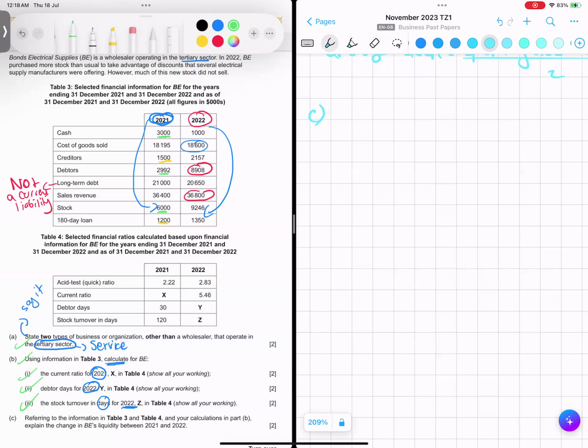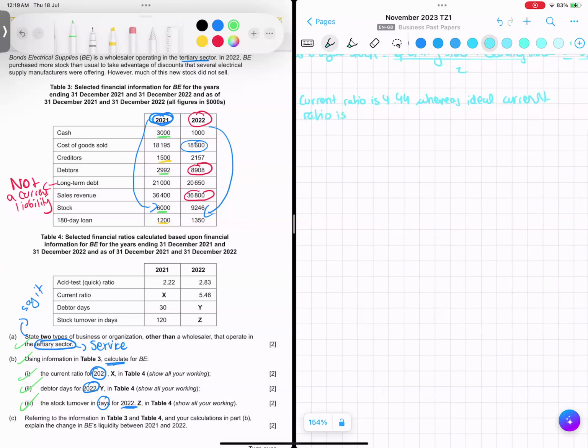So here we have to quickly answer that the current ratio is 4.44, whereas the ideal current ratio is between 1.5 and 2.